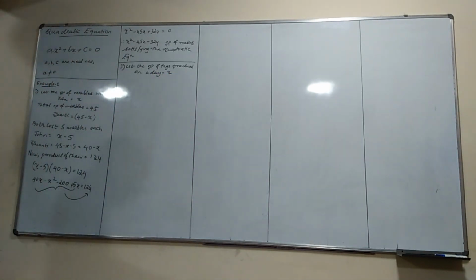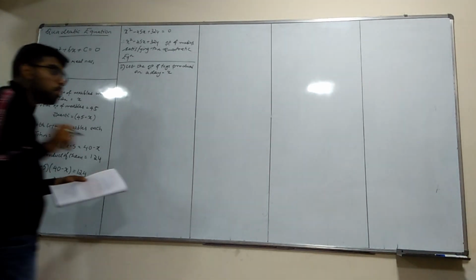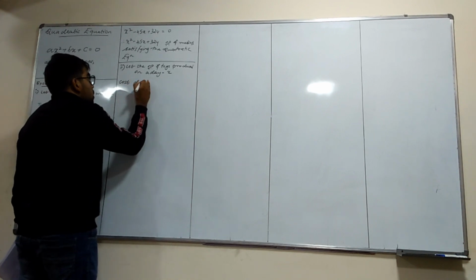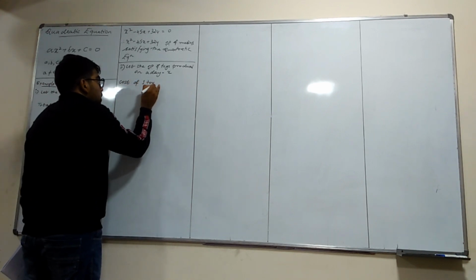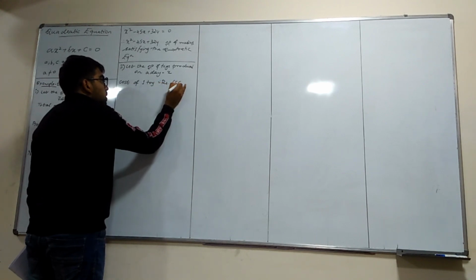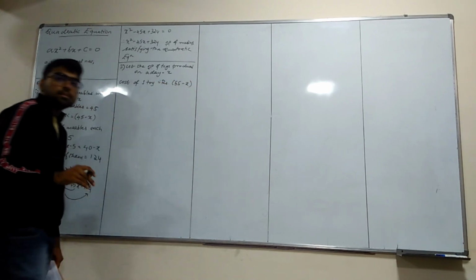Then they have told the cost of one toy will be how much? Cost of one toy will be rupees 55 minus x.